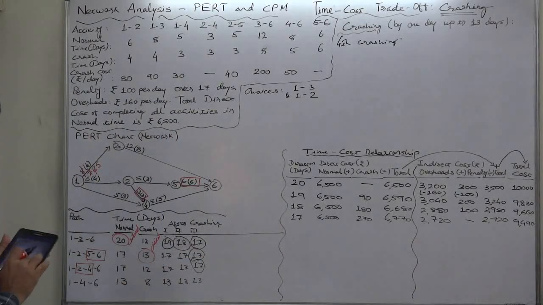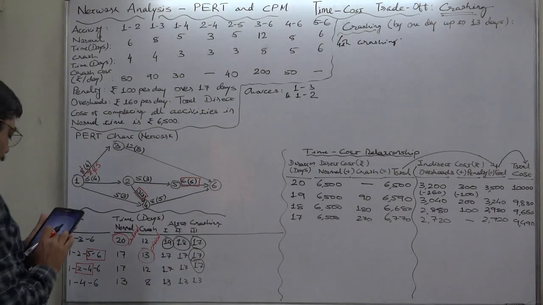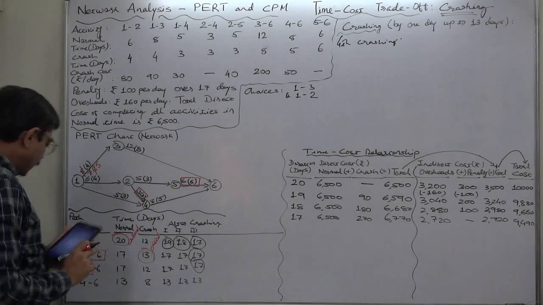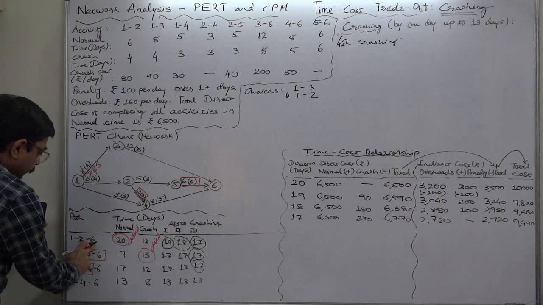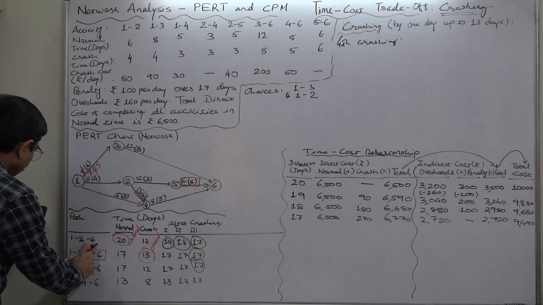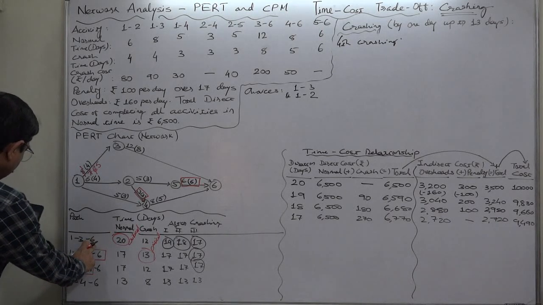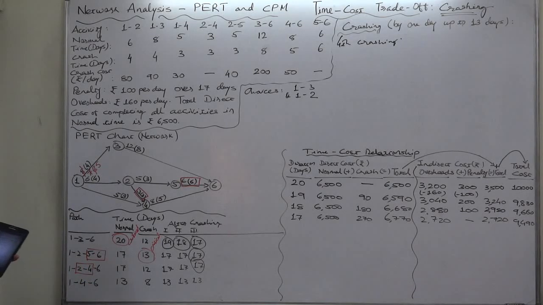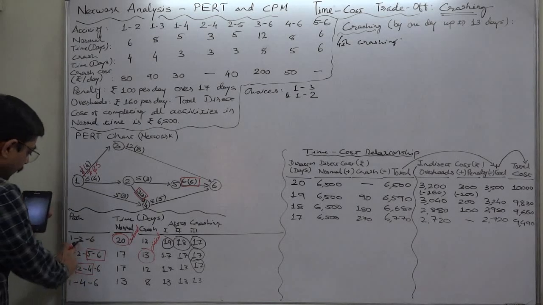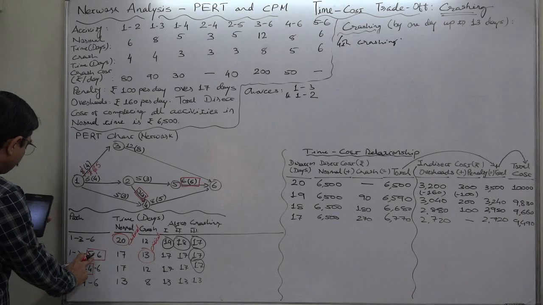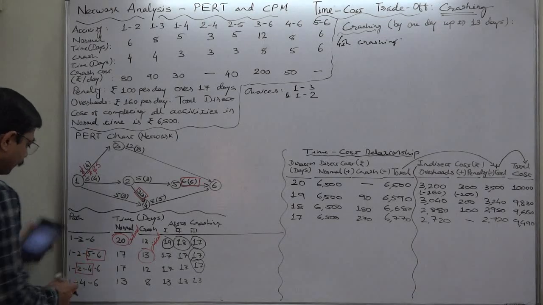What other choices are with us? 1-3 from the first, 2-5 from the second and 4-6 from the third.